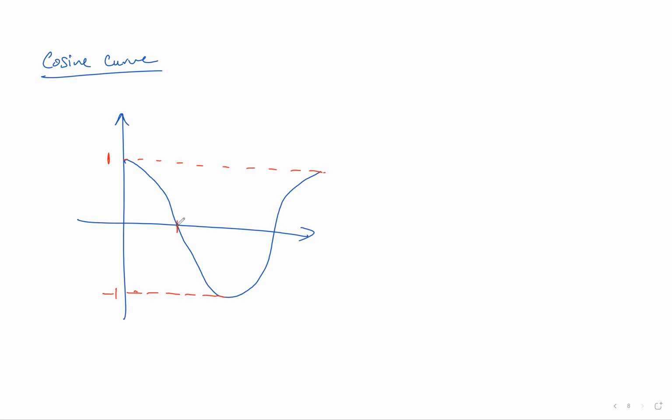Okay, then you know what should these values be. So these are all the important points. Okay, so this is 90, this is 180, 270, 360. Again, this is one cycle.